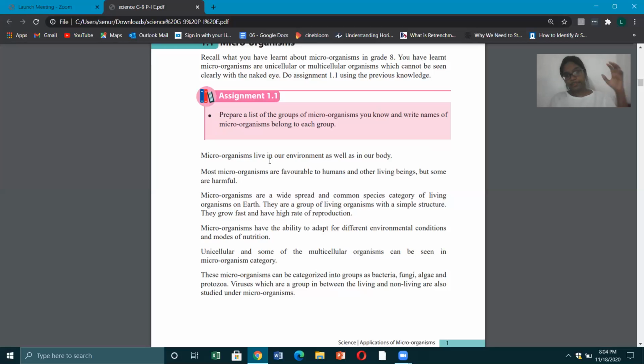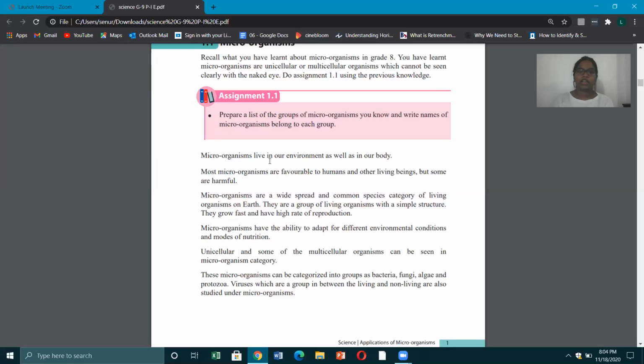They can live in very hot climates, as well as the opposite of it. And they have different modes of nutrition.